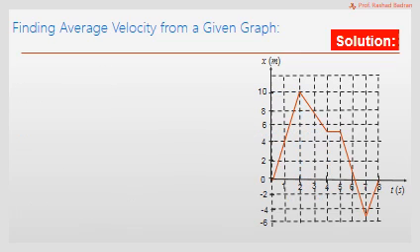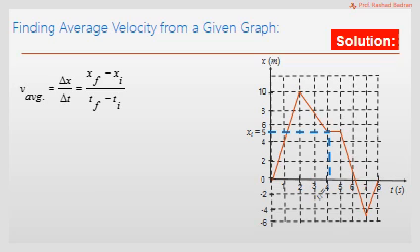In part D, for the initial time 4 seconds, you have a corresponding position of 5 meters, and for the final time 7 seconds, you get a corresponding position of minus 5. Now apply the formula.